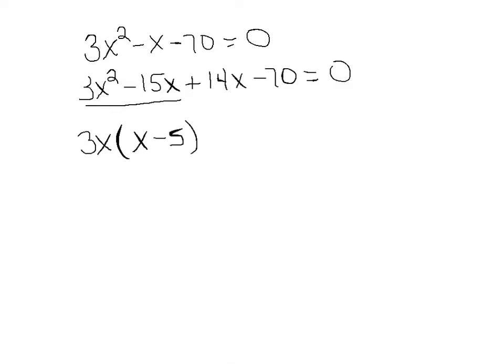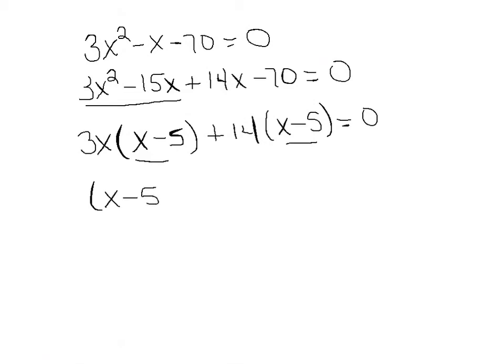When I look at 14x minus 70, I will see that they have a common factor of 14. Therefore, I'm going to factor out 14, and I'm going to be left with x minus 5. Since both terms have a common factor of x minus 5, I will factor it out, giving me x minus 5 times 3x plus 14 is equal to 0.